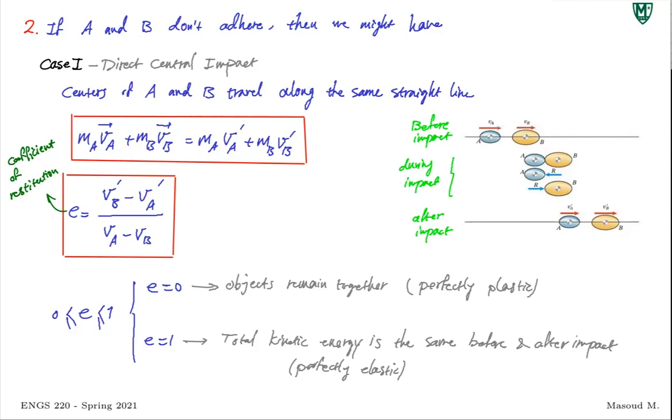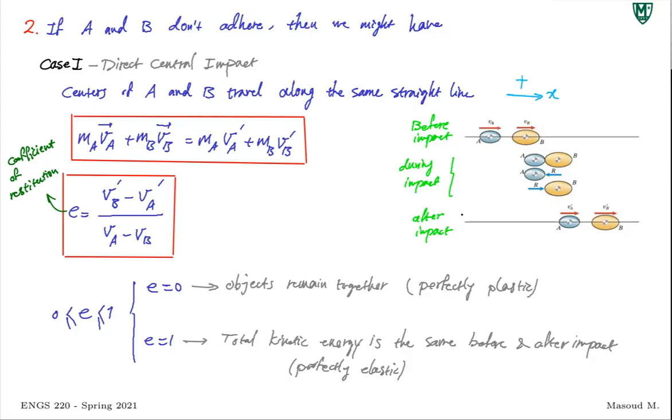Now, one thing I want to mention about the signs for these velocities when you're writing these equations. In the coefficient of restitution, pay attention, I put VB prime minus VA prime over VA minus VB. This is for this case, and as I said, direction matters. This is very important because mistakes can happen.